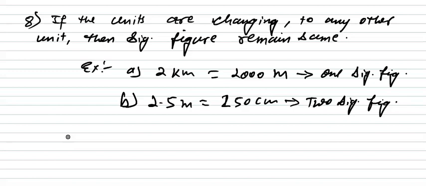So these are the 8 rules you should keep in mind, and I'm going to give you some questions to let us know how many significant digits are in the given numbers.